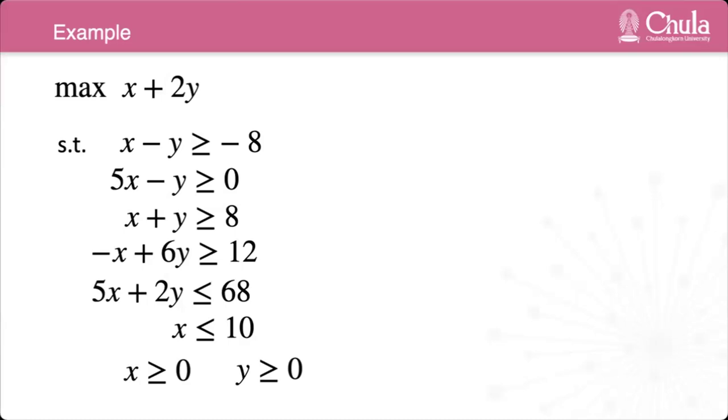This emphasizes that you need the two-phase algorithm, right? Why? Because this is greater than or equal with a positive right-hand side. And the fourth one, of course, at the right-hand side we have a positive value, but this is a greater than or equal.